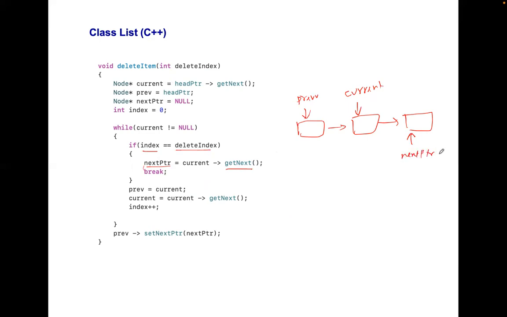You can break it from here, and then use previous to set next with the next pointer. We didn't write this line here, but make sure that you delete the memory allocation that is being pointed to by current. Otherwise, this node will be deleted from the list, but the memory allocation for the current node will still be there. So you can write another additional line like delete current.